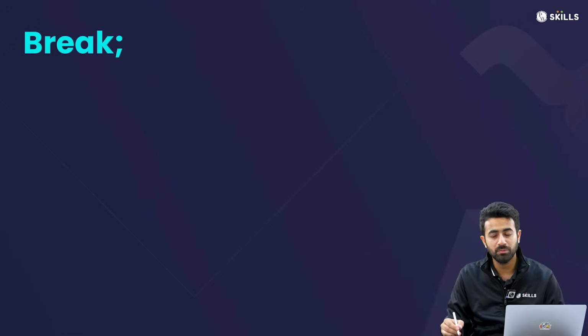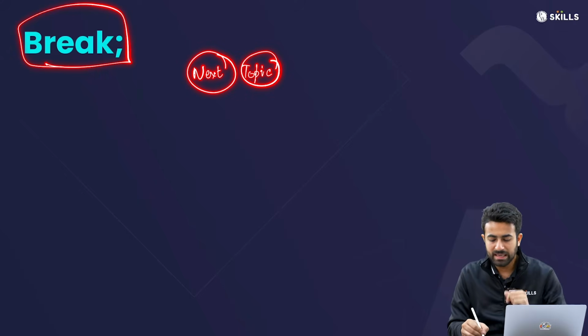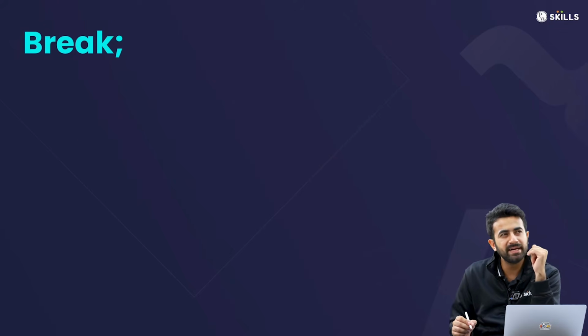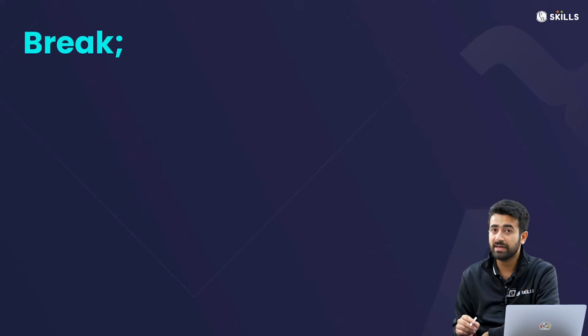Let's move to the next topic, which is the break statement. The break keyword, we already studied in the switch statement, but not very nicely. So here we will cover it intensively.